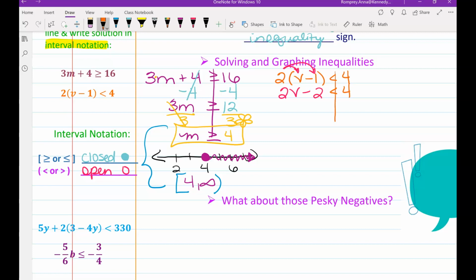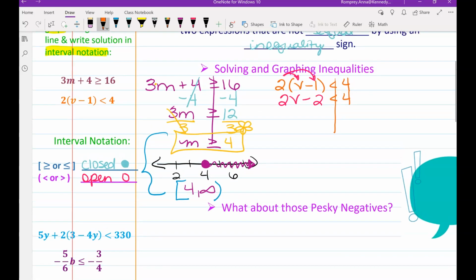Again, if you want, you can put that line down to keep you organized. I don't see any like terms on the left side, so now we're just going to isolate v, get v by itself. So I'm going to undo any addition and subtraction. I'm going to add my 2 to both sides.